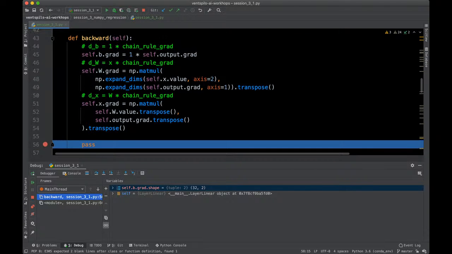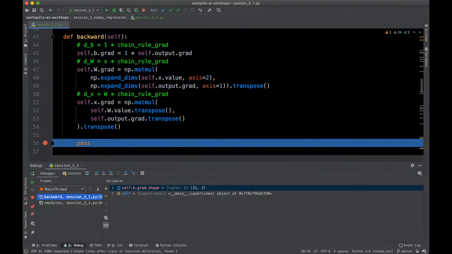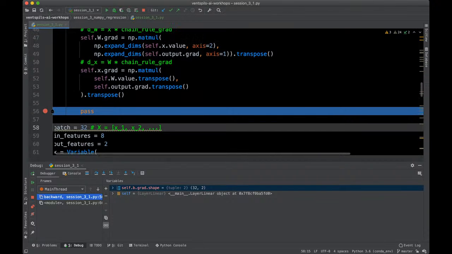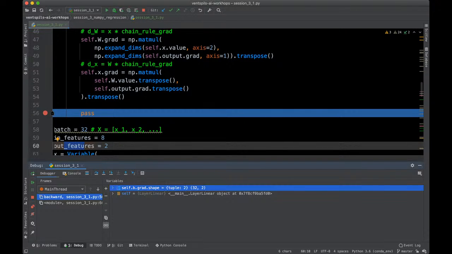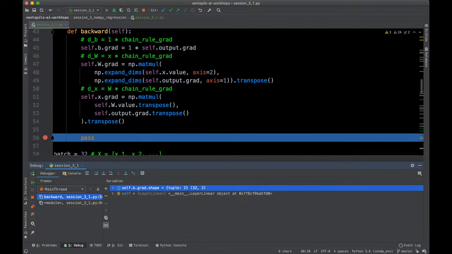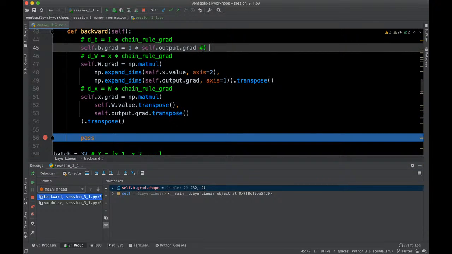So again, this is actually an interesting thing that you need to keep in mind. So see, out features are two-dimensional, right? So what shape do we have here? The shape that we have here is, let's say, this is a batch by out features, but the B itself, the B shape, so let's write it like this.